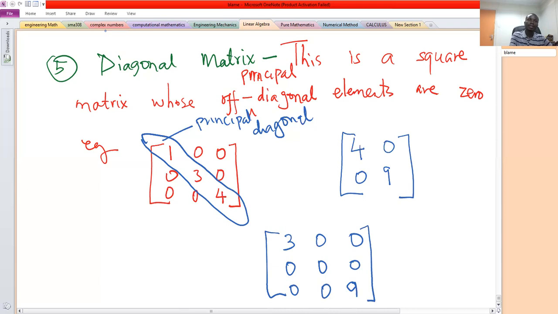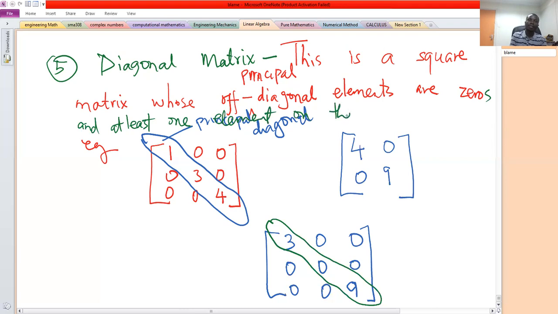Remember, the condition is that all the off-diagonal entries must be 0, and at least one of the elements along the main diagonal is not 0. Principal and main mean the same thing.